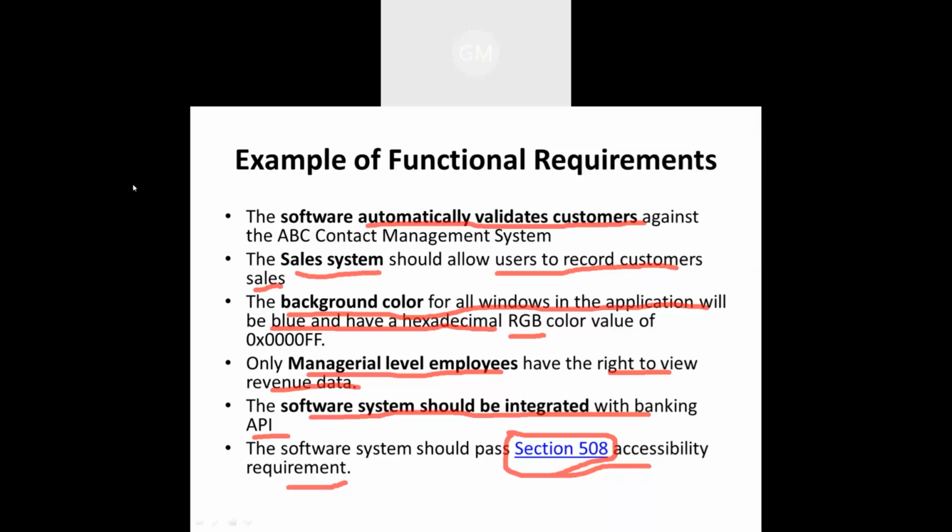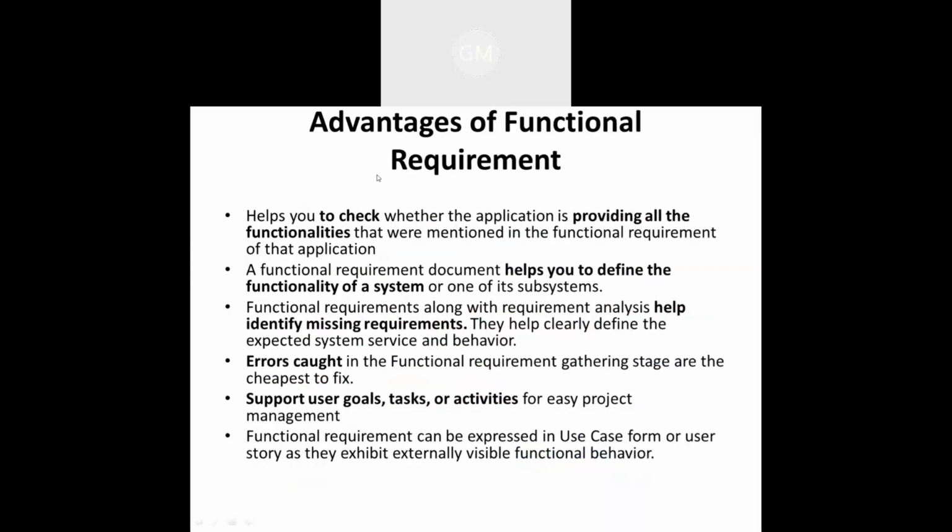Now, what are the advantages of the functional requirement, which we can see here. First of all, the functional requirement helps to check whether the particular application we have used has all the functionality. So it is going to fulfill all the functional requirements.